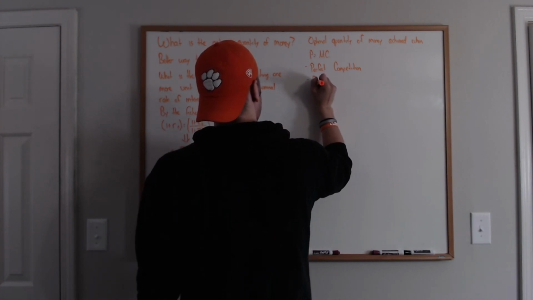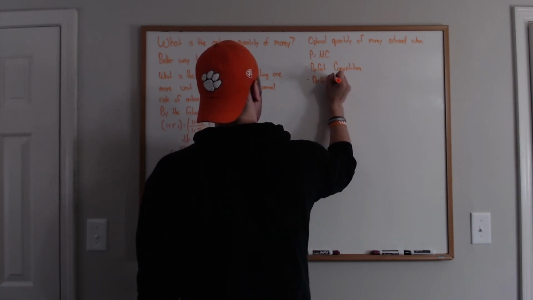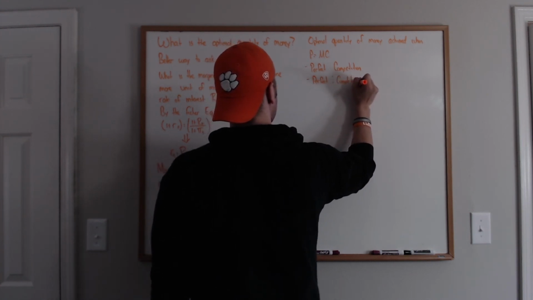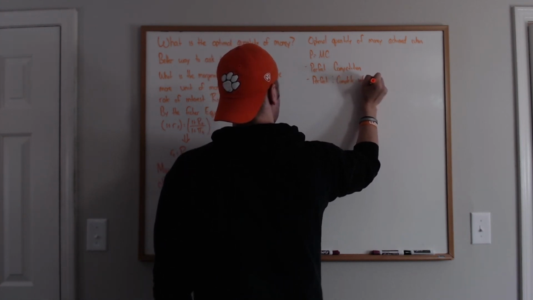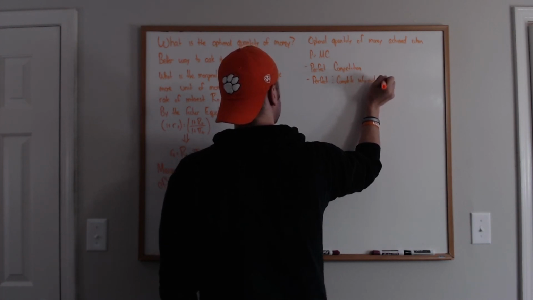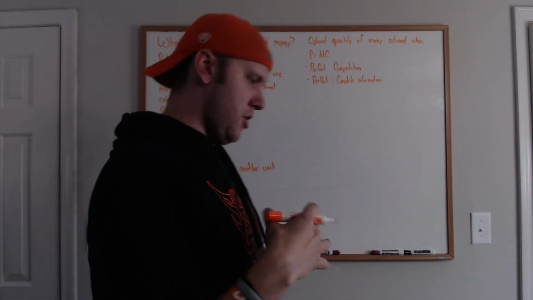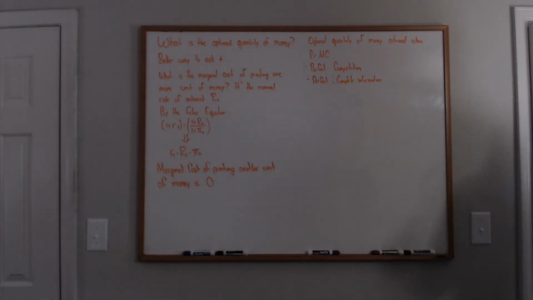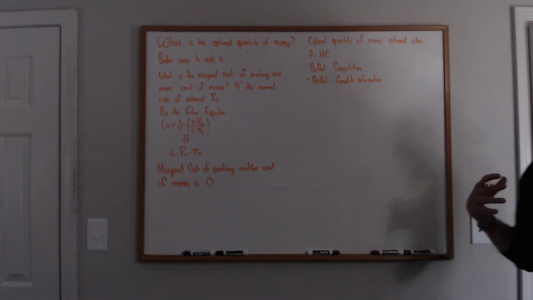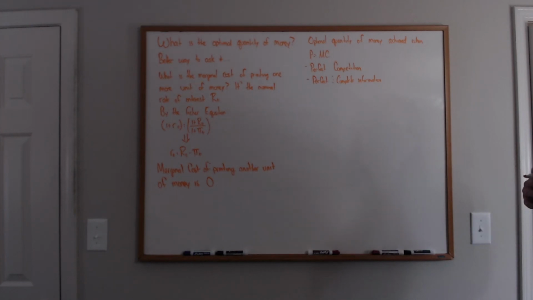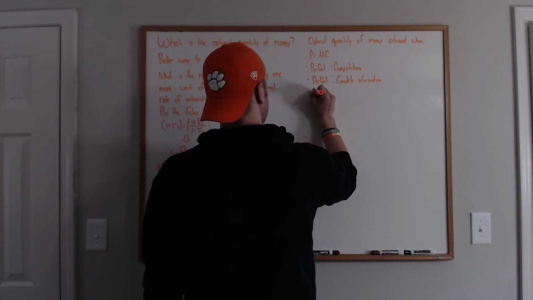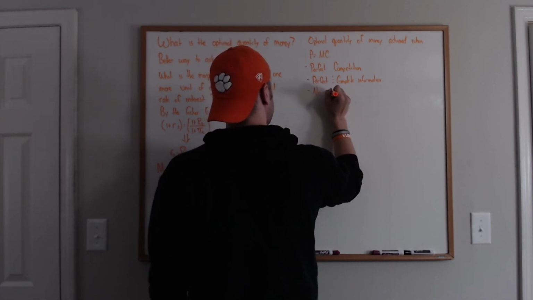We have perfect and complete information. No signal extraction problems. Right? We have none of that stuff that we have to worry about. We have no informational asymmetries. There's no monopsony power.